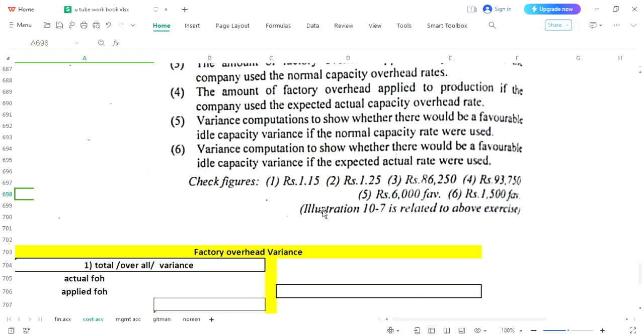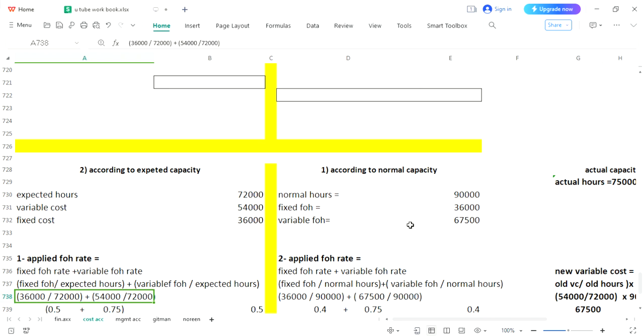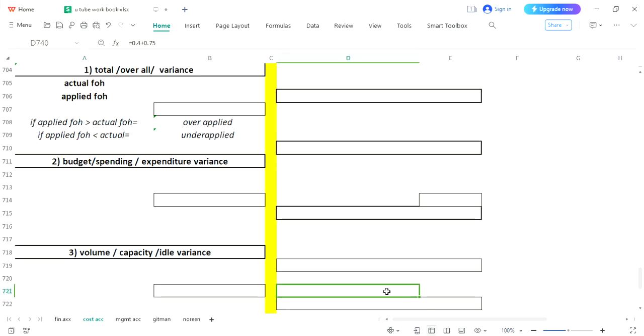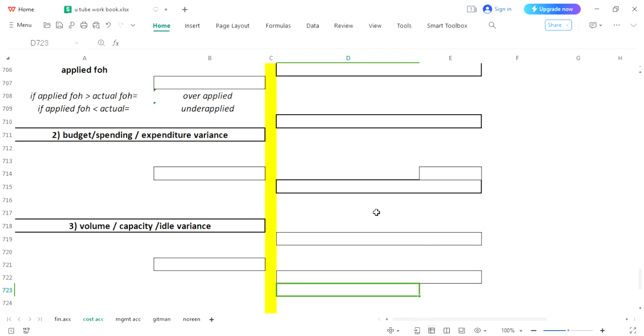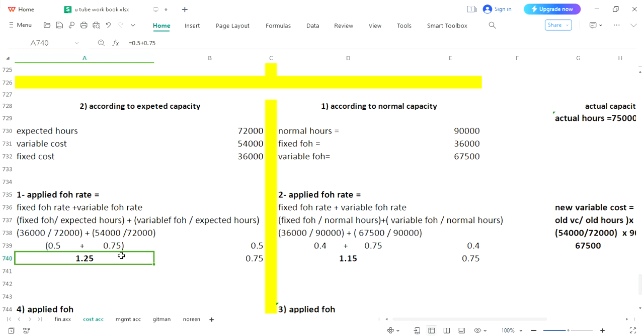Now you can see first requirement 1.15. From here we have started. The first requirement was completed. 1.15 was written over here, and then second requirement 1.25. There were a few missed numbers.